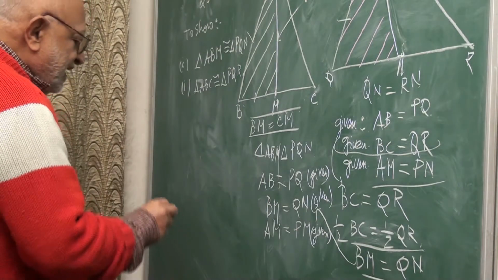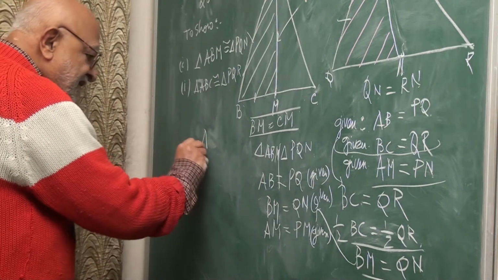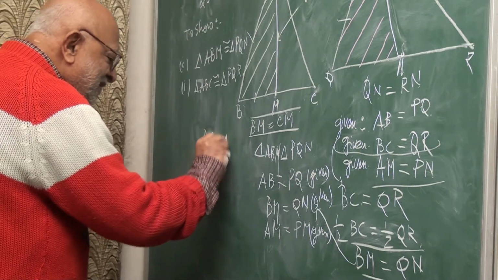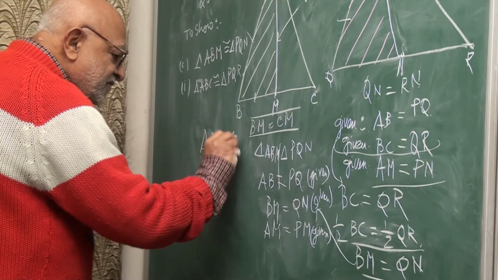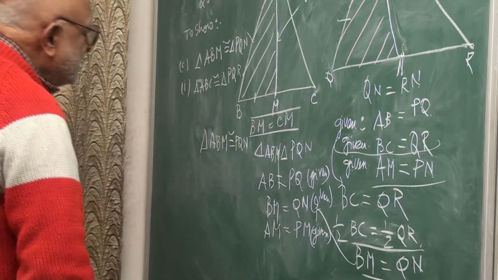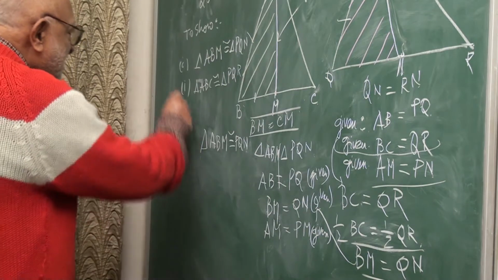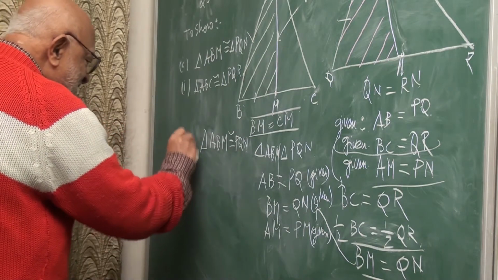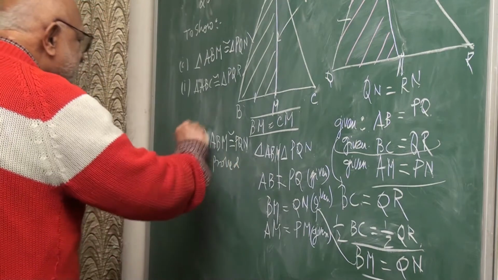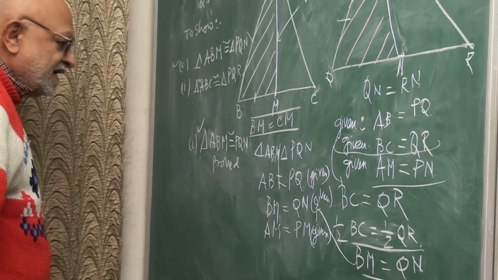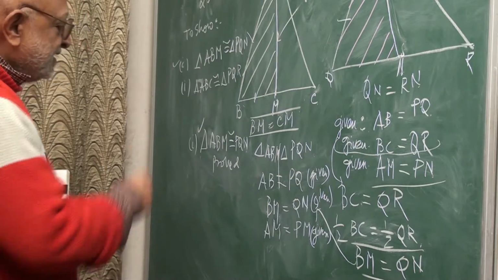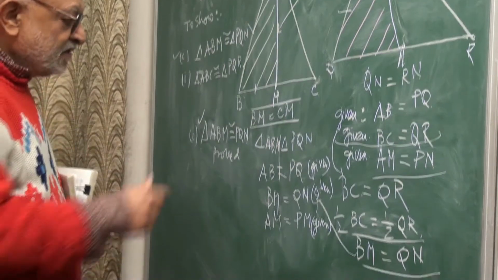So I can write triangle ABM is congruent to triangle PQN. So one is proved. This and this is proved. Only the other one is remaining.